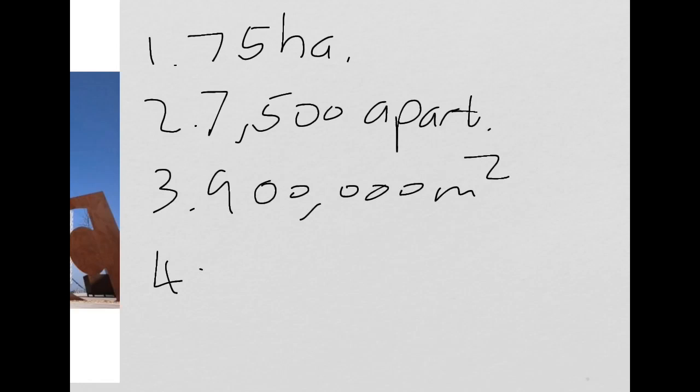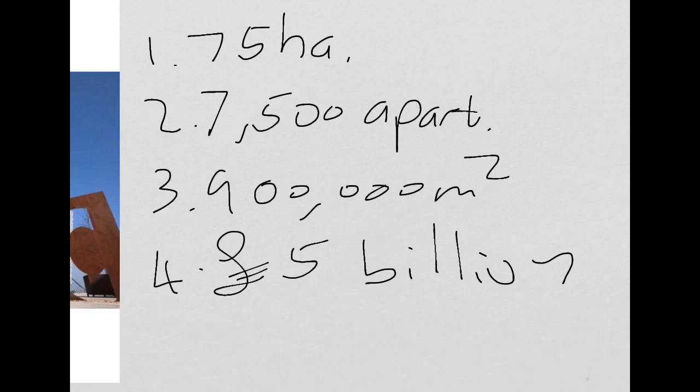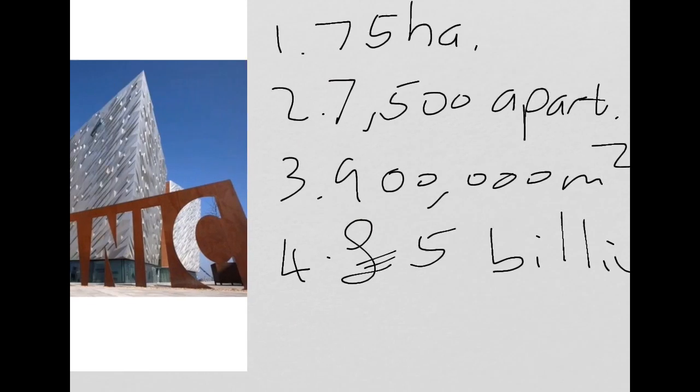Total cost is estimated to be around about £5 billion, and these four pieces of information illustrate the main facts and figures that I need the students to be able to talk about whenever they are describing this case study.